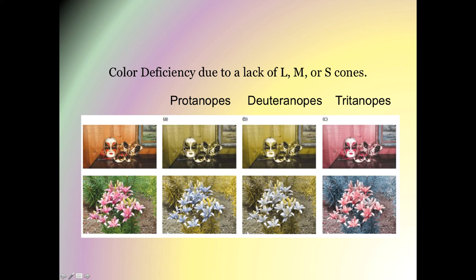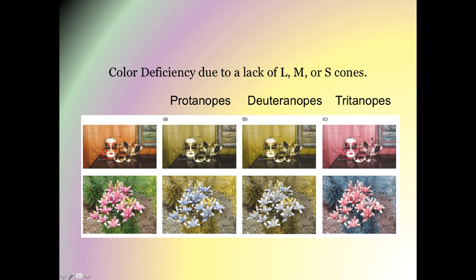Now I want to point out that in red-green color blindness, you're missing both colors, right? Even though the individual is only missing one type of cone. Likewise, if the person's missing the short cone, they're blue-yellow colorblind. The reason for that is without the proper input from the cones, the channels can't work properly.